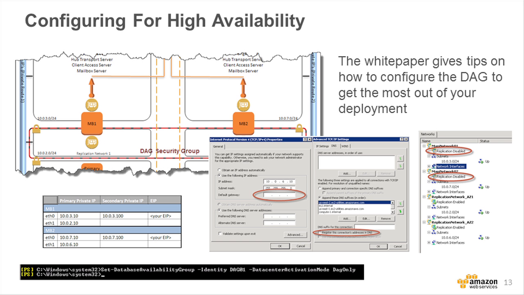On the other hand, the same mailbox server also sits on a DAG network, a replication network. This is an entirely isolated network whose only purpose is to perform replication of the database availability groups between the instances. Setting those things up within AWS is fairly straightforward.